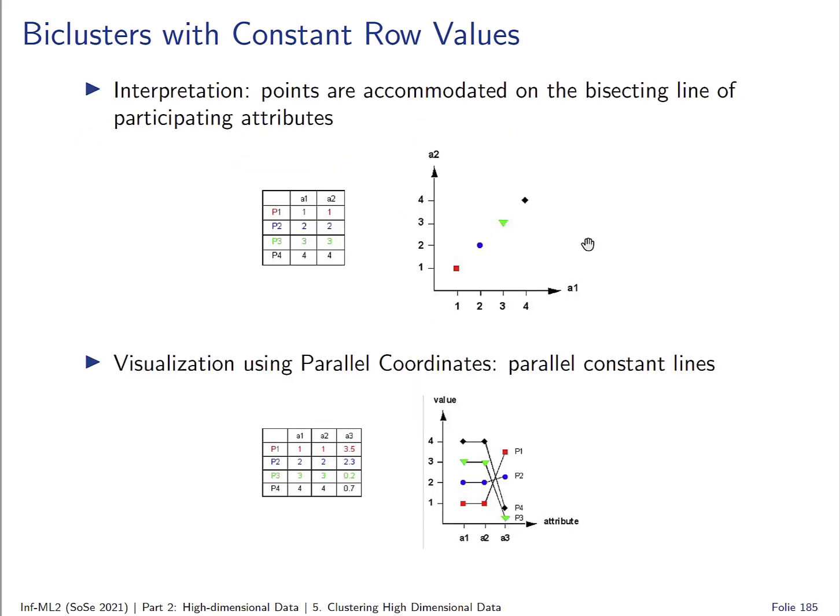The spatial interpretation is that if we project the points on the participating columns, we'll see that the points are located on the bisecting line of the participating attributes.